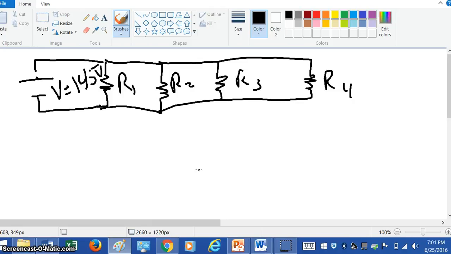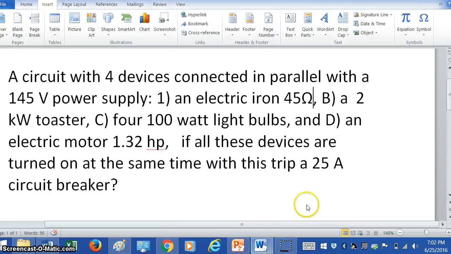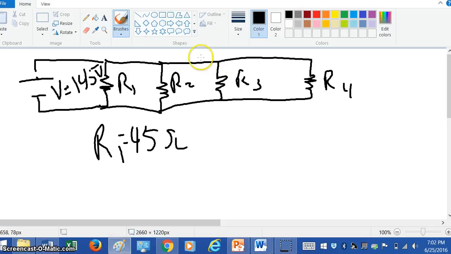Now we know R1 is 45 ohms. For the second device, they don't give us the resistance. Notice B, it says a 2 kilowatt toaster. So let's think about that. So that's R2. I'm going to write that as, that's actually power 2.